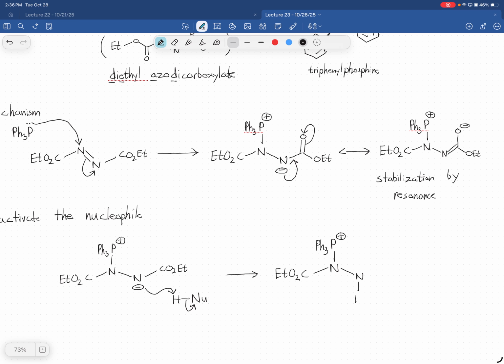Now the N has grabbed that H. CO2Et. All right. Now we have the nucleophile. It's deprotonated, so now it's an even better nucleophile to do the substitution. But we haven't even introduced the alcohol yet. All right. So now we have to talk about the alcohol.